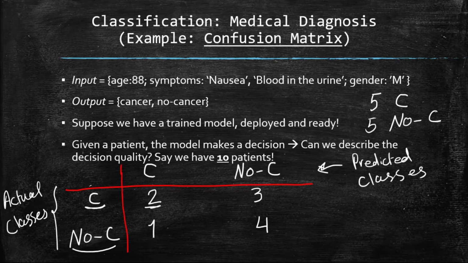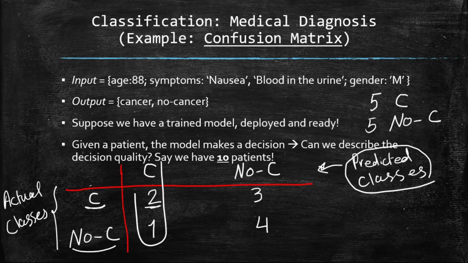You see, this is the predictive classes, right? This is the prediction column right here, right? I'm going to show this column here. So of the true cancer people who are 5, you see that your machine has said that, okay, 2 of these guys have cancer, and that is correct, right?